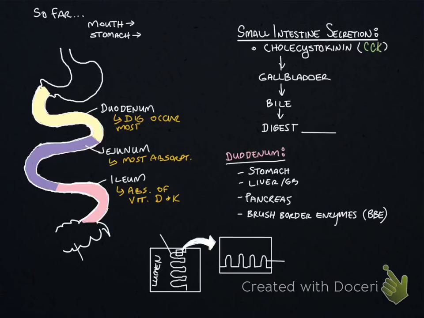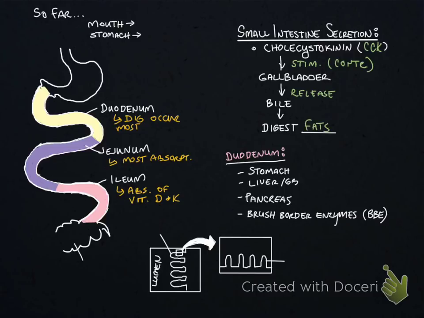And this CCK stimulates contraction of the gallbladder. And the gallbladder is holding bile made by the liver. And so it says, gallbladder, release your bile into the duodenum. And this helps to digest fats.